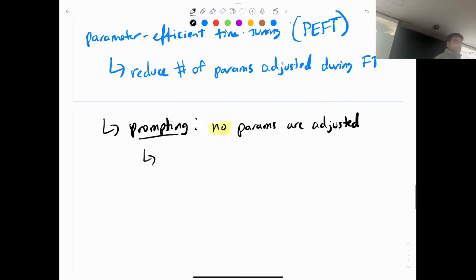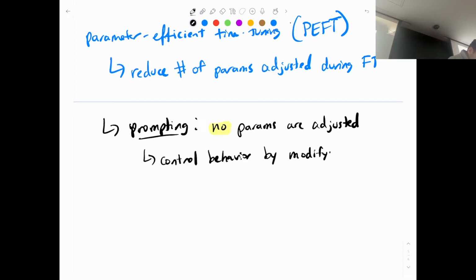And you can control the model's behavior by modifying what you choose to put into its prompt, right? So control behavior by modifying the prompt. And the prompt here is essentially the prefix that we've been talking about during pre-training, like what is the input of the model.